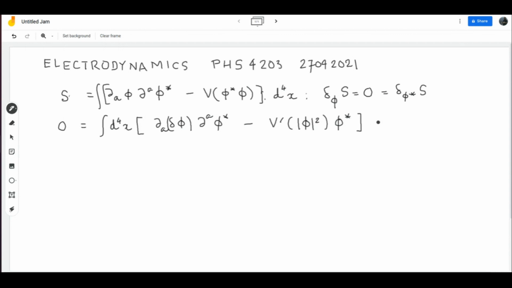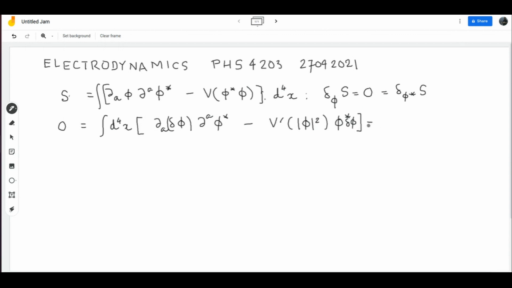And now this one, we do the standard integration by parts, drop the surface term, and when we do that, what we get is, so there's a delta phi here, sorry. Phi star delta phi, because when you take the variation of mod phi squared, which is phi star phi, you get phi star delta phi.